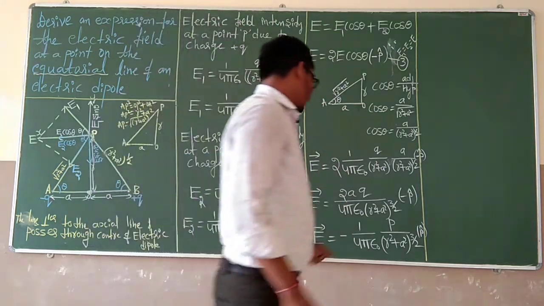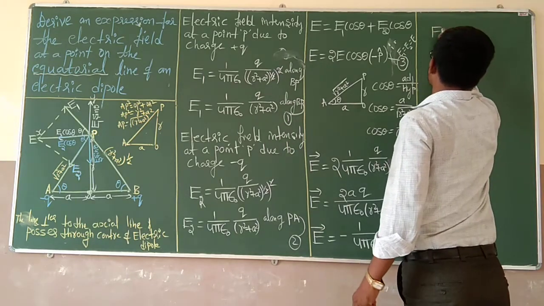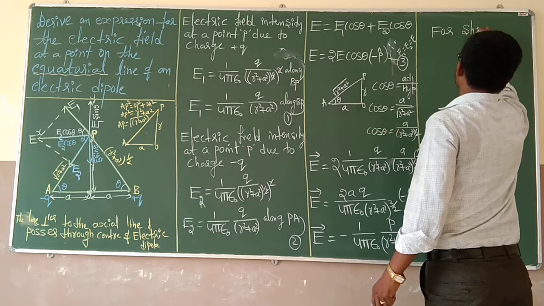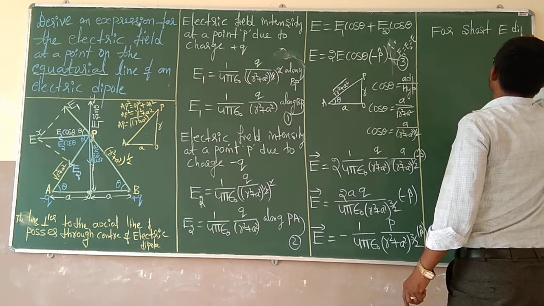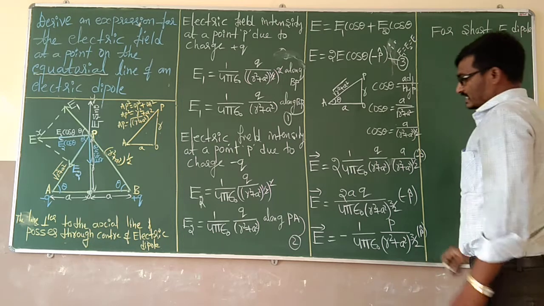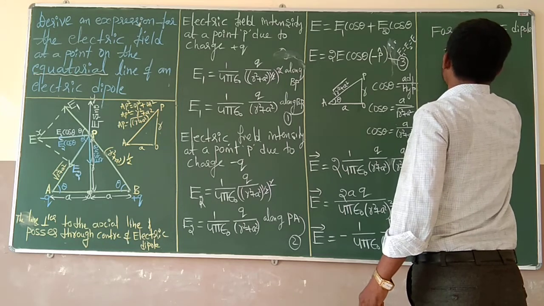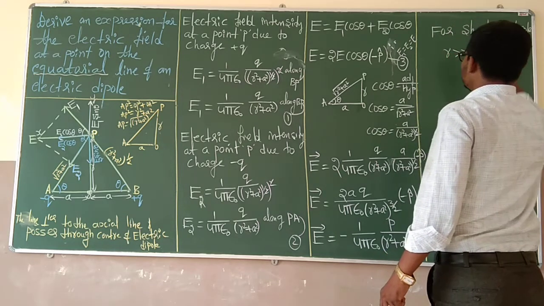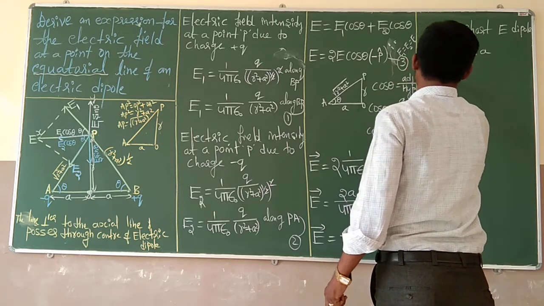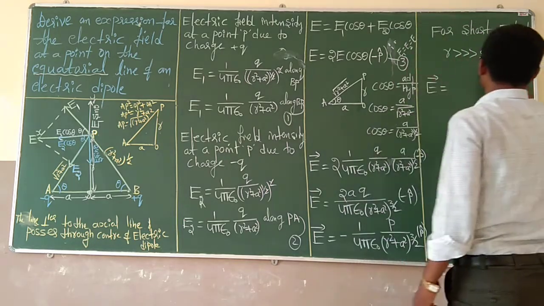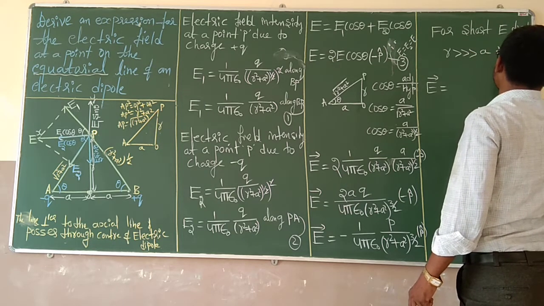For a short electric dipole, R is very much greater than A. Therefore, A is neglected.